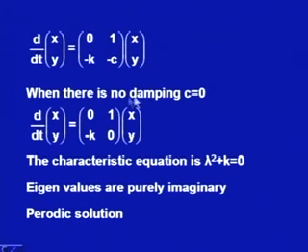When there is no damping present, that means c = 0, then we have d/dt of (x, y) equal to the matrix [0 1; -k 0] times (x, y).